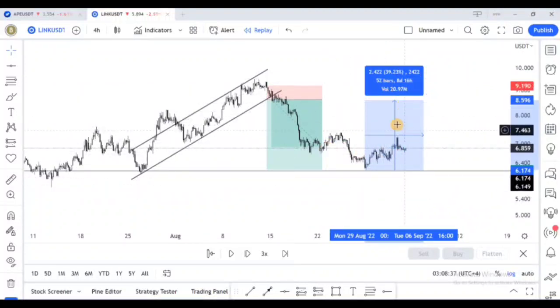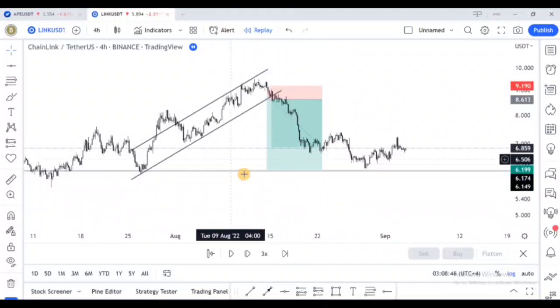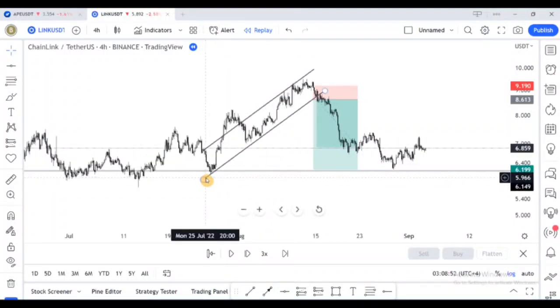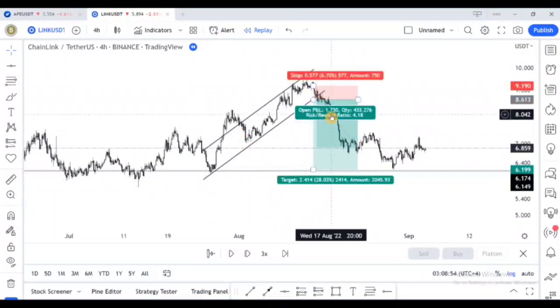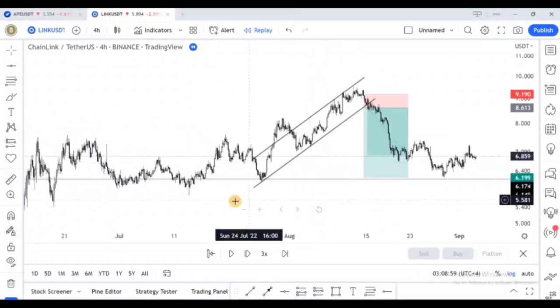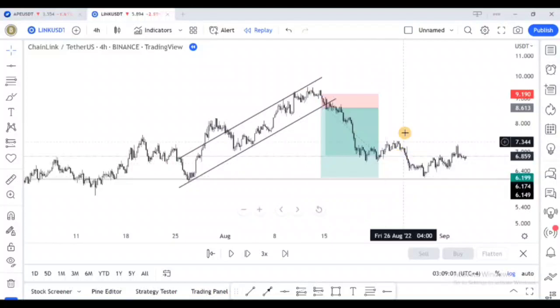With 10x leverage, this is about getting to 300%. So this is a good strategy for trading the crypto market. Just put in a rising wedge or a bearish flag and place your entry, wait for the downtrend to get broken, and you trade it and make money from the market.